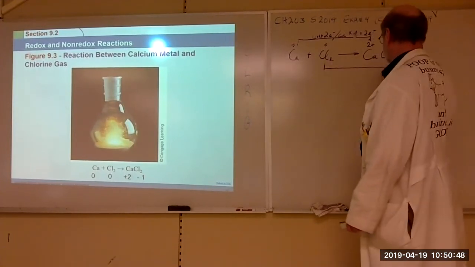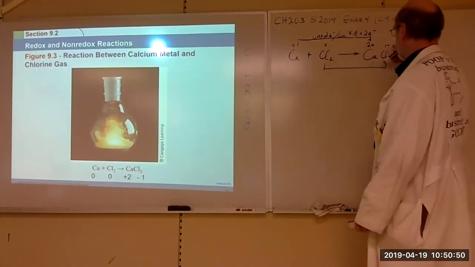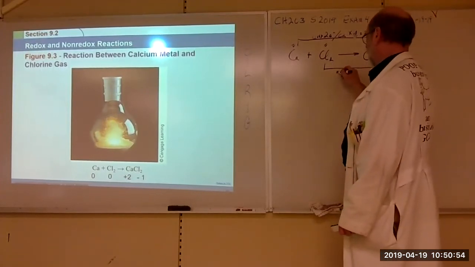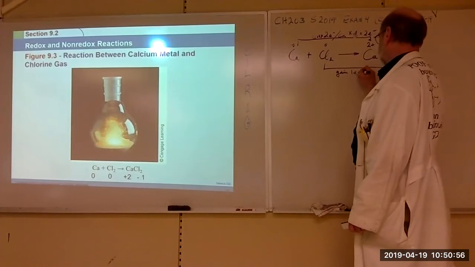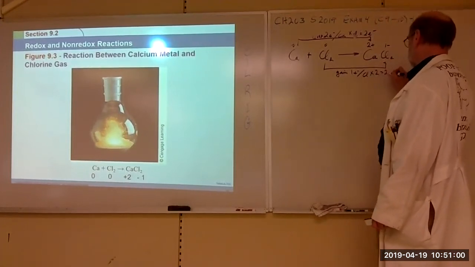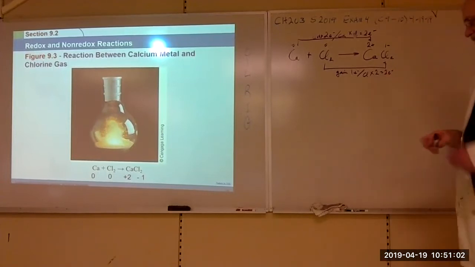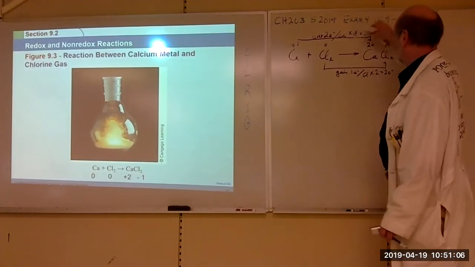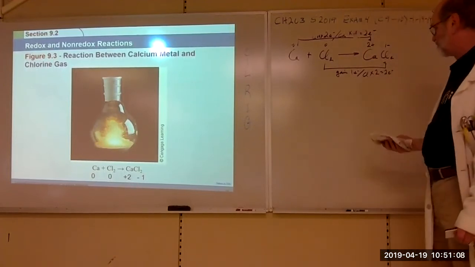And then for this one, we're going from a 0 to a -1 on the chlorine, individual chlorine atoms. So they gain 1 electron per chlorine times 2 chlorines equals 2 electrons. So that's how I keep myself out of trouble, bookkeeping wise.